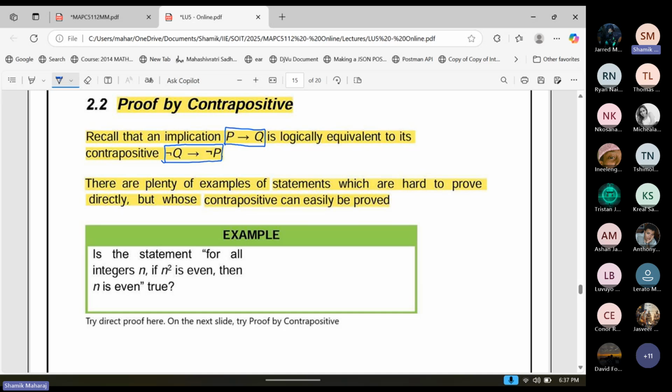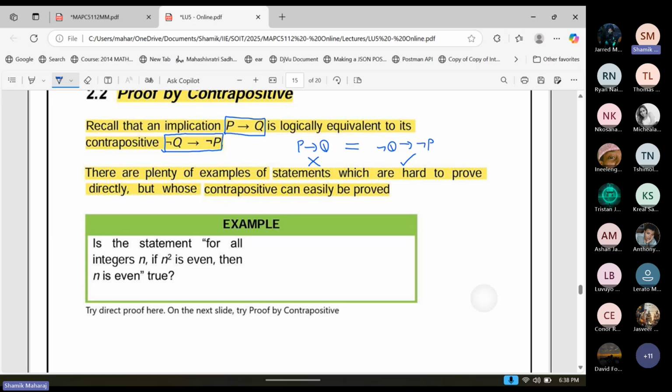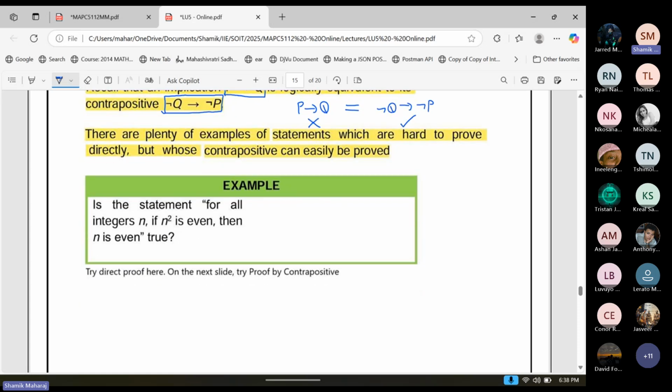So if I can write this very loosely like this, the original implication is the exact same as the contrapositive, not Q implies not P. So if we can't find anything to use nicely on this side, we could use this side because they're the same thing, right? That's the whole point here. So let's look at the example to see if this actually works.